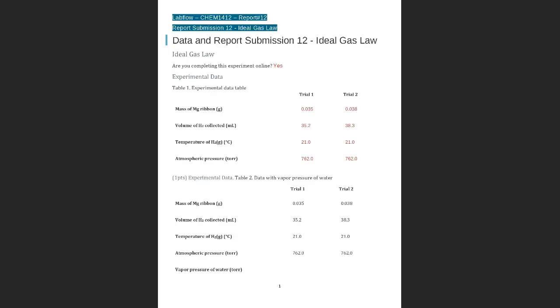So let's look back. Let's do the trial one. Volume of hydrogen, 35.2 milliliters. So all I have to do for trial one is 35.2 mLs.